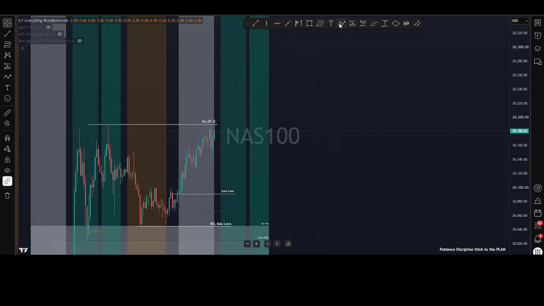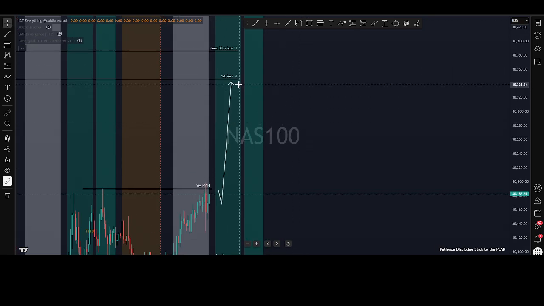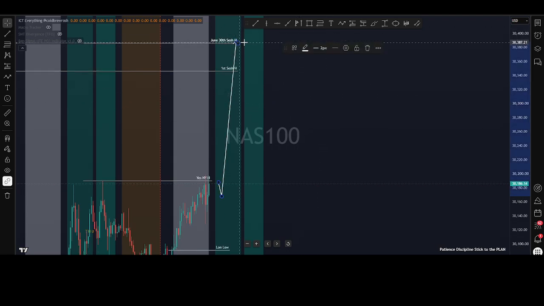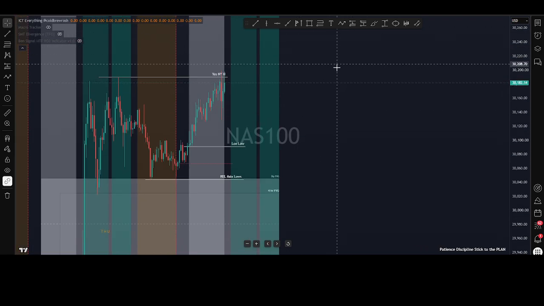The other narrative, which is a little bit harder to work with, which is why it's not the preferred option, is we just drop a little bit and then, like we did yesterday, just fly up with very little structure in it. That's difficult to catch, still doable, and we have to be aware of it because of yesterday.